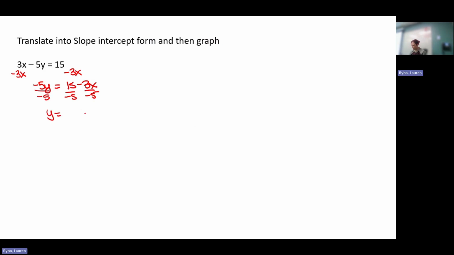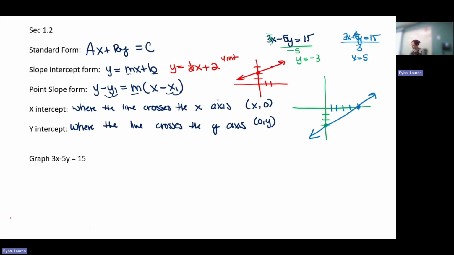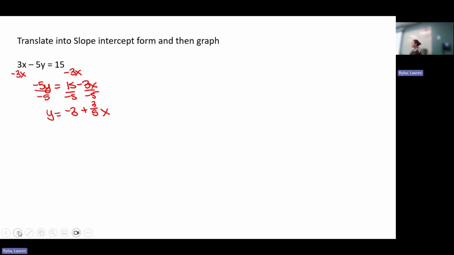So y equals negative 3 plus 3/5 x. And that's going to actually give me those same 2 points. Start down here at negative 3 and then go up 3 over 5. Gives me that other point. Same exact line. So kind of preference as to how you want to do this.